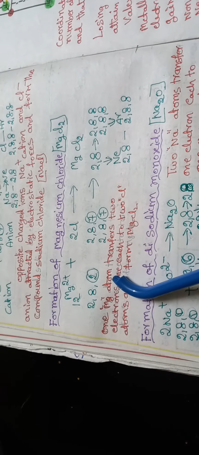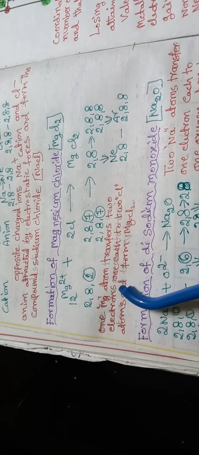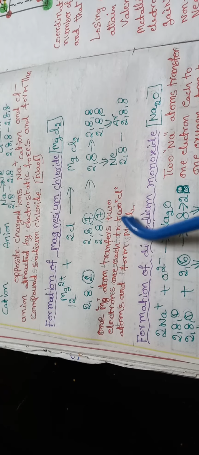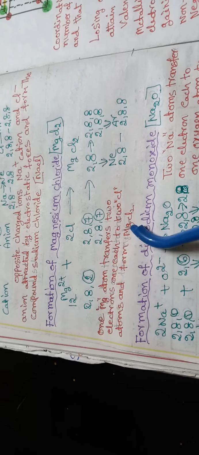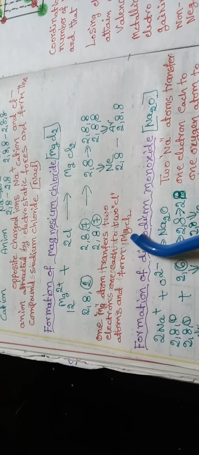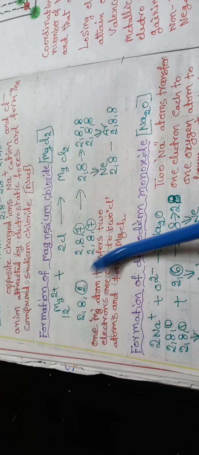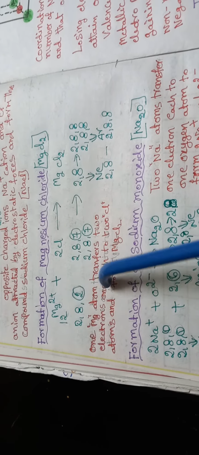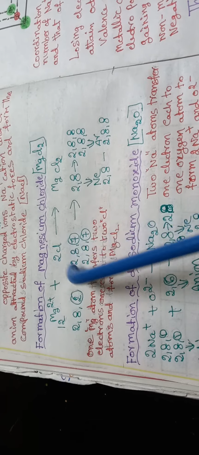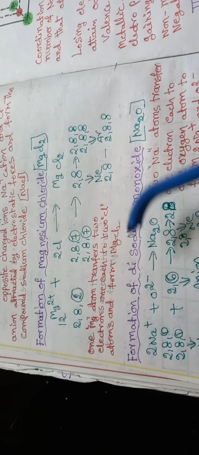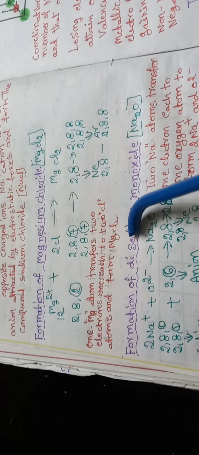One magnesium atom transfers two electrons, one each to two chlorine atoms, and forms magnesium chloride. How many magnesium atoms are there? One magnesium atom. And how many chlorine atoms? Two chlorine atoms. So the formula is MgCl2.